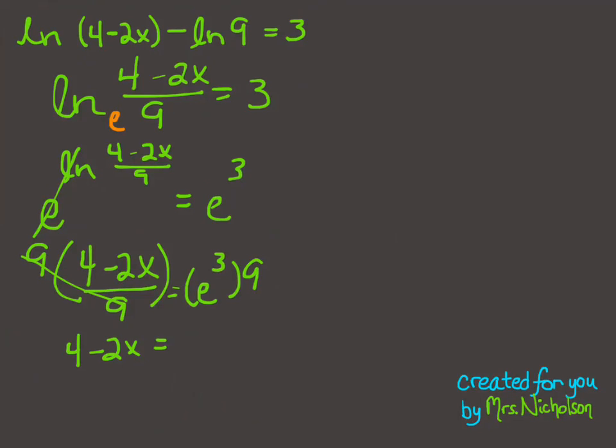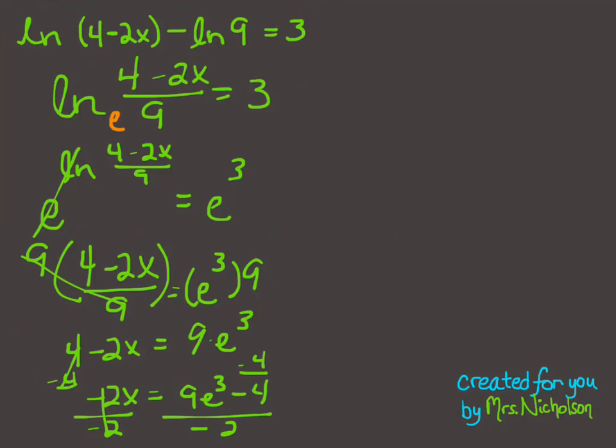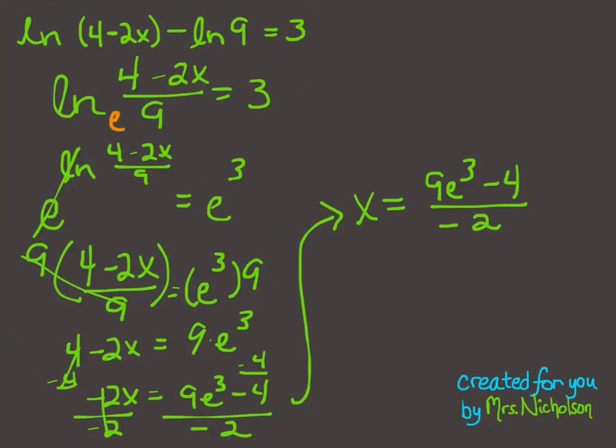So 4 minus 2x is equal to 9 times e to the third. And I'm going to subtract 4 from both sides. 9e cubed minus 4. And finally, last step, divide by negative 2. So I'm ending up with x is equal to 9e cubed minus 4 divided by negative 2.